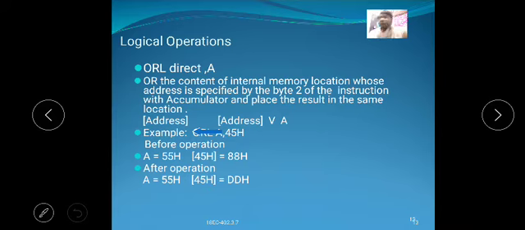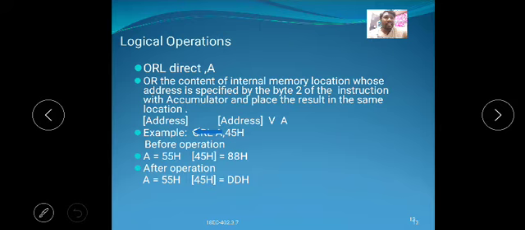Here ORL direct comma A: OR the content of the internal memory location whose address is specified by byte 2 of the instruction with the accumulator and place the result in the same location.